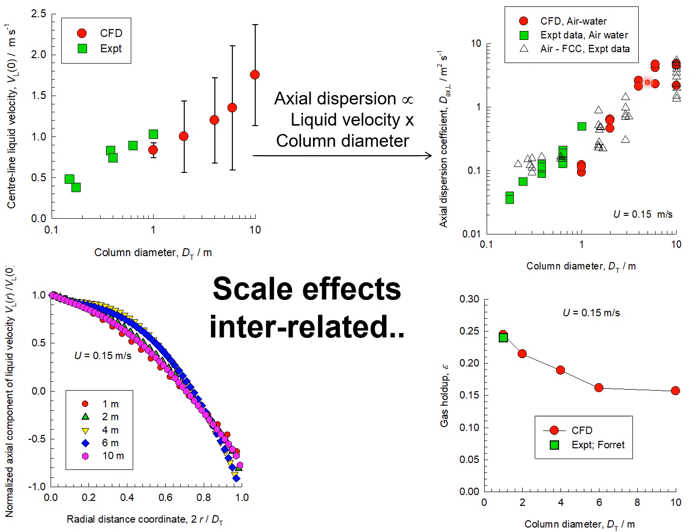The red circles are the CFD simulations for the axial dispersion coefficient determined from tracer experiments in the CFD Eulerian simulations, and the triangles represent the axial dispersion coefficient for gas solid fluidized beds that are also strongly scale dependent.